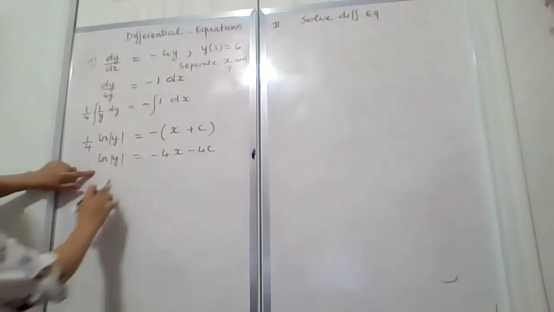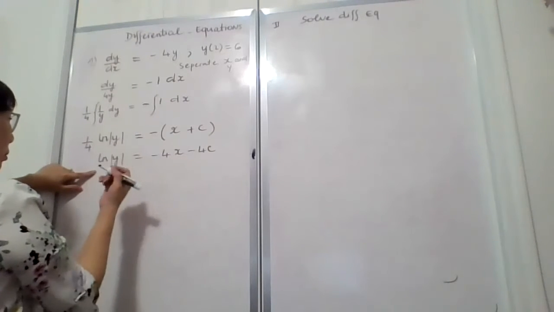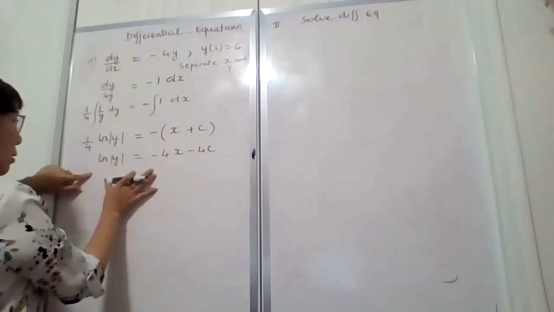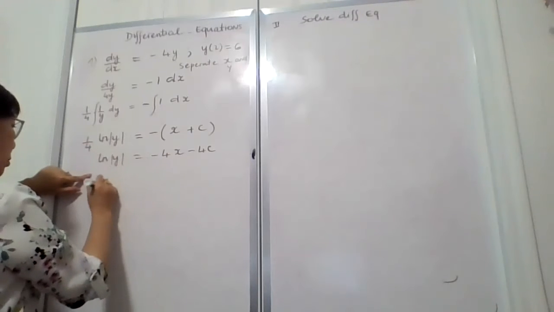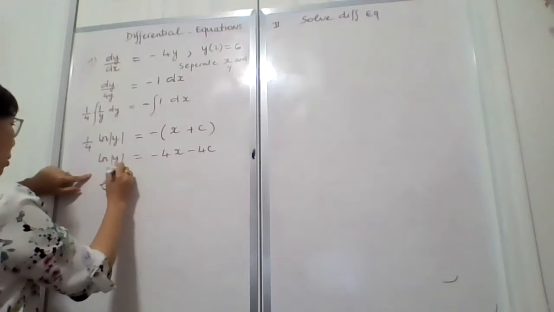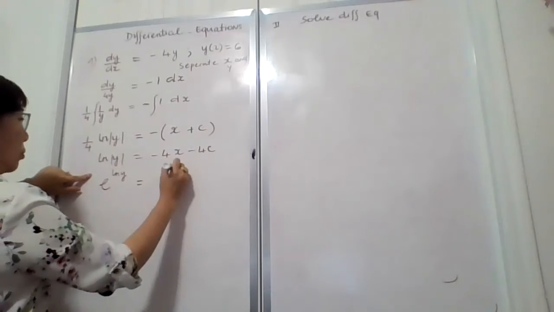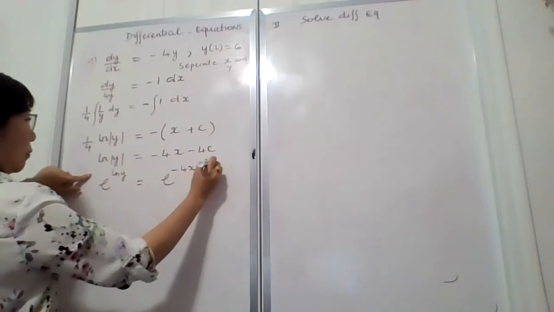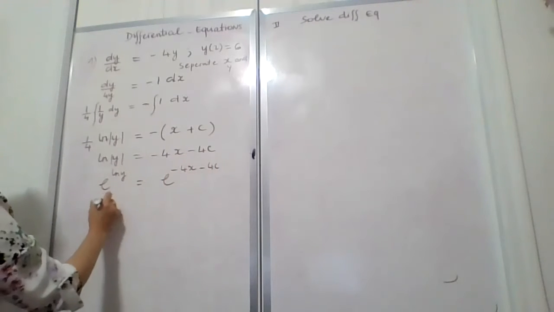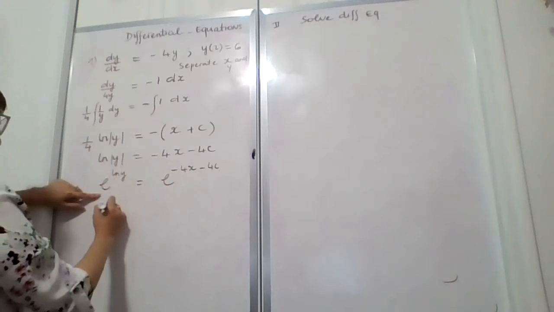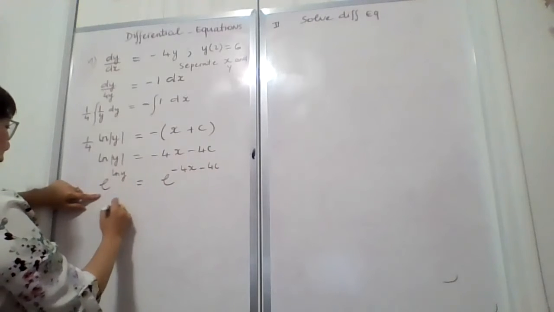Okay. So now we'll raise both sides with the base e. So we're going to have e to the ln y equal e to minus 4x minus 4c. And e to the ln y equals y.